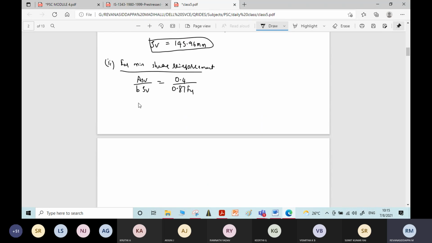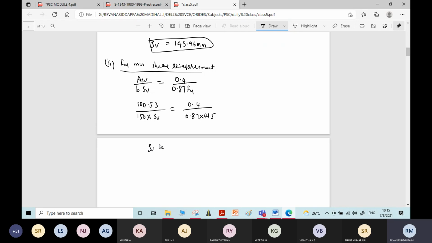ASV is 100.53. B, width of beam, 150 into spacing we need to calculate, 0.4 divided by 0.87 into 415. What is the spacing?